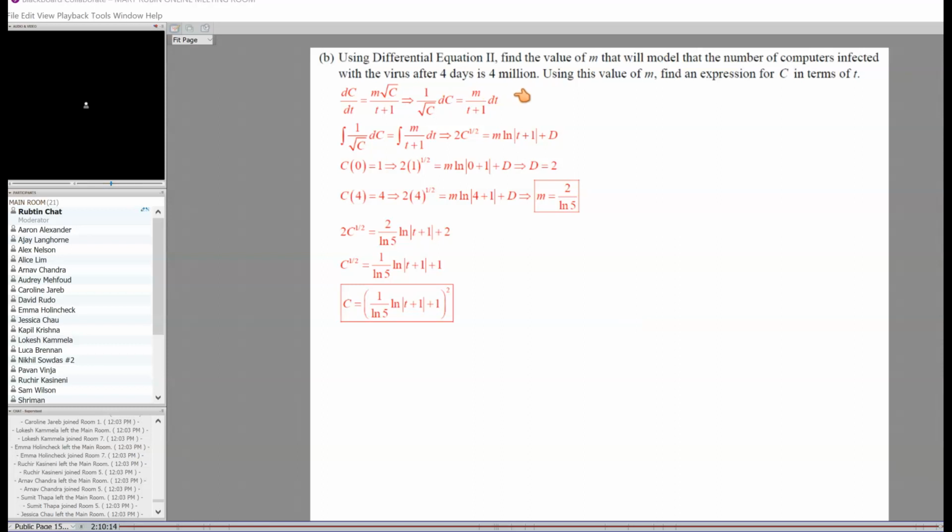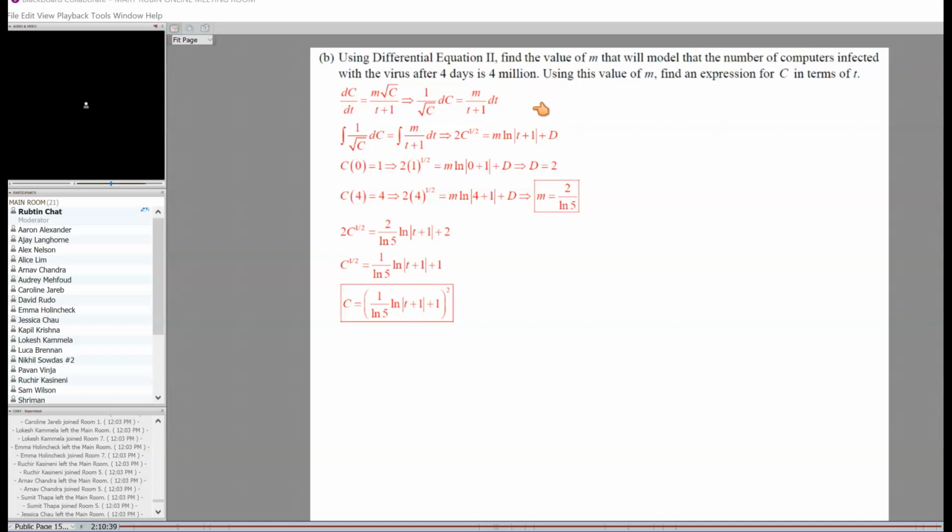So right here, the variables are being separated. From here to here, you're putting the C's with the C's and the T's with the T's. Leave the constant over here. Don't try to move it. It winds up complicating things in a way that doesn't need to be complicated. And you remember for these sorts of differential equation problems, the very first thing you do is this.